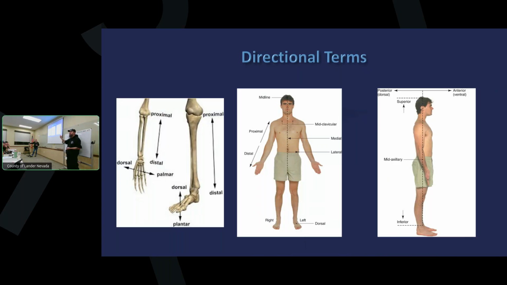So when we start doing scenarios, or you start running calls, or you're over in the ER talking to patients, when you come out and I'm like, okay, where was their broken leg? And you're like, oh, it was a distal femur fracture. Okay, cool. Where was their cut? Well, it was proximal to this location.